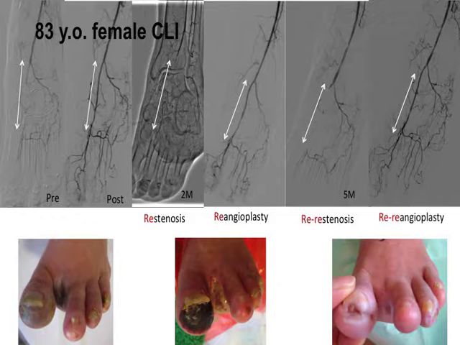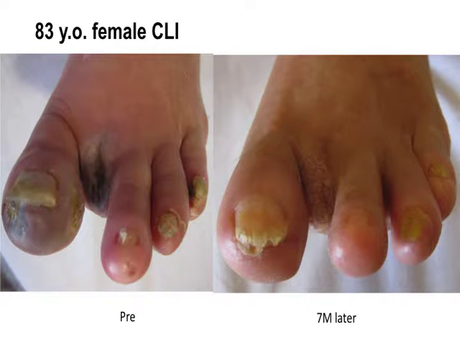Therefore, I reopened the dorsal pedis artery again, but an additional 3 months later it occluded again, so we performed the endovascular procedure to open the dorsal pedis artery again. To achieve complete healing, it took 7 months.